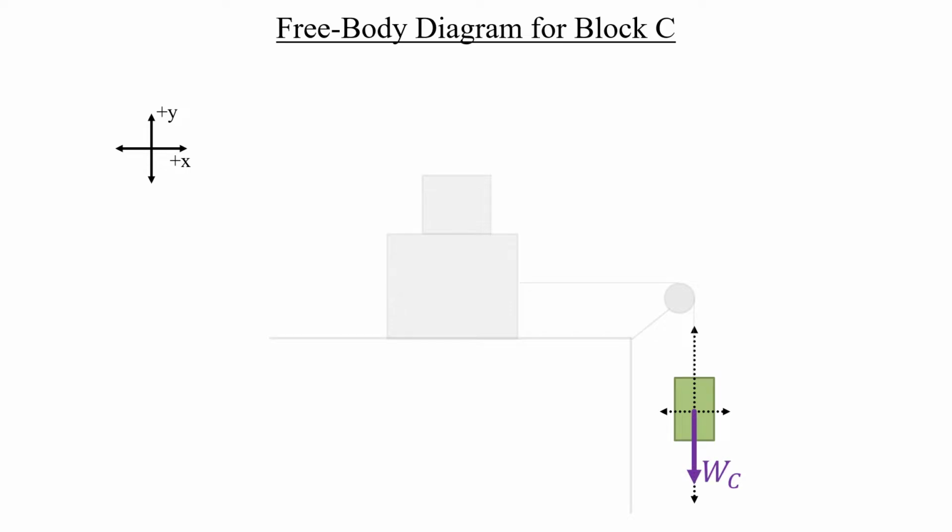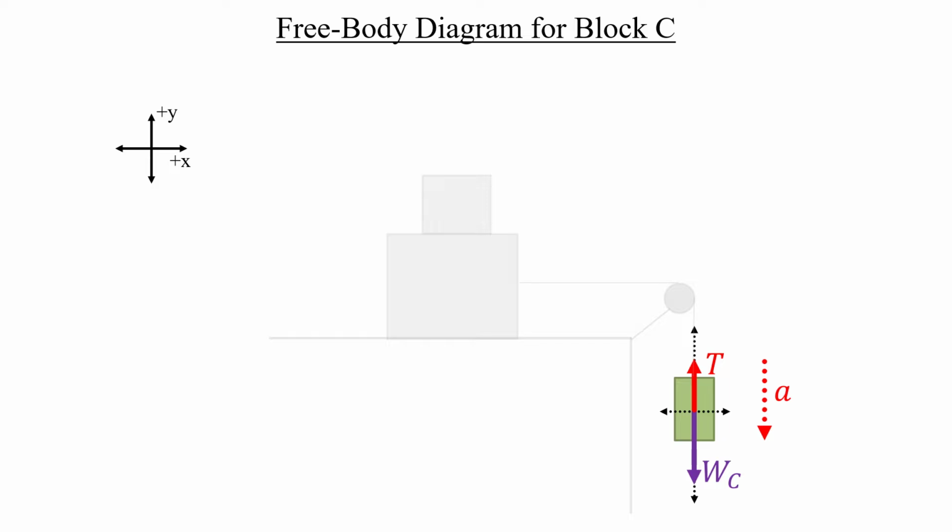And in the opposite direction for block C, we'll have the tension, whose length is smaller than the weight of block C, because we want the block to fall. So the weight of block C has to be larger than the tension. Make sure you indicate that visually. This will mean that the acceleration vector for block C will point down too. And at this point, we are done with all the free body diagrams.